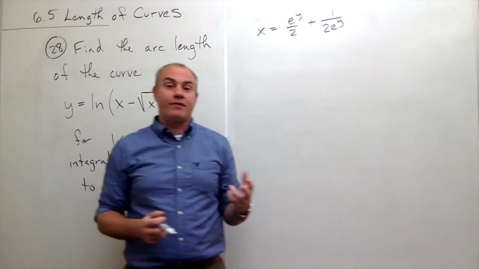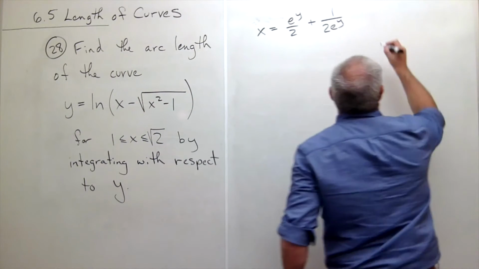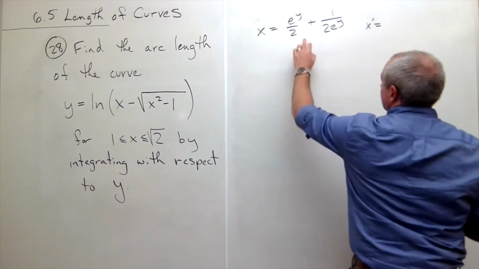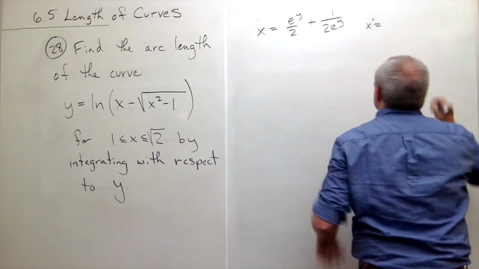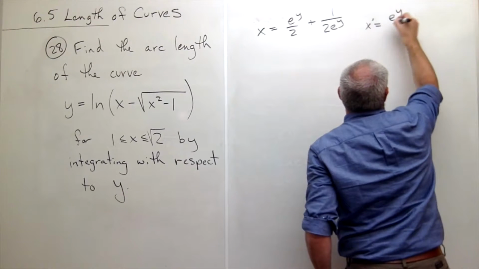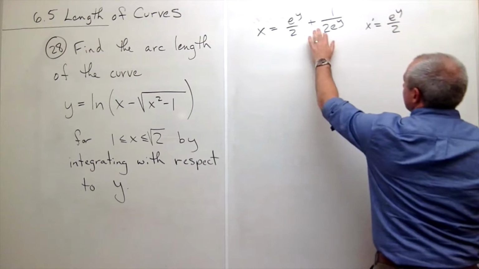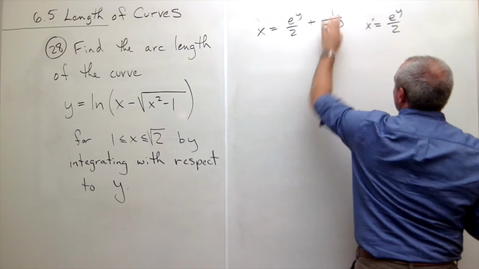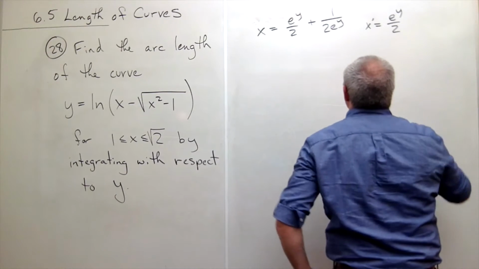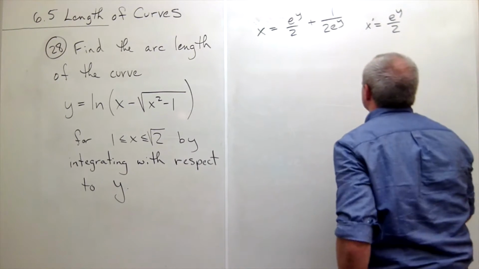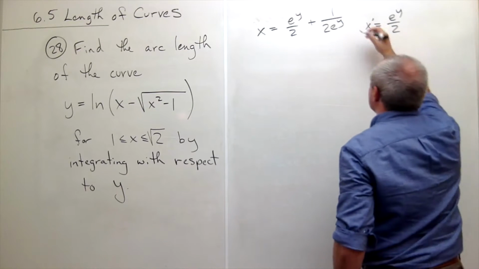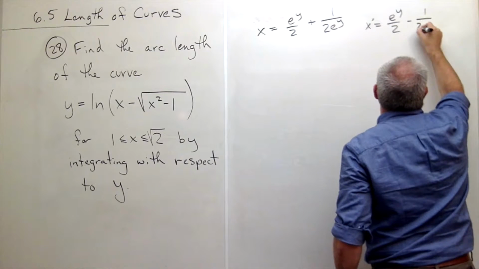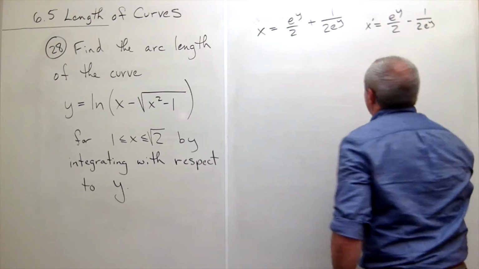So we need the derivative of this, and x prime is equal to the derivative of e to the y over 2, which is e to the y over 2. And then the derivative of the other term, this is actually an e to the negative y if it were on top. So using my rules for taking the derivative of e to the negative y, I would have negative 1 over 2 e to the y.